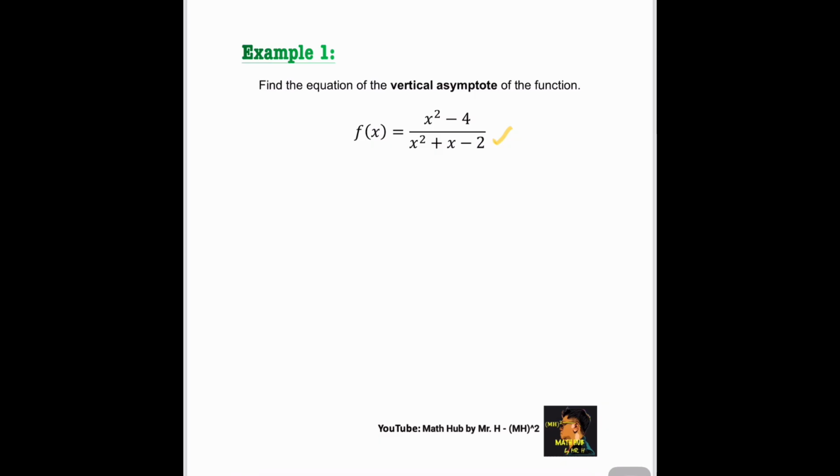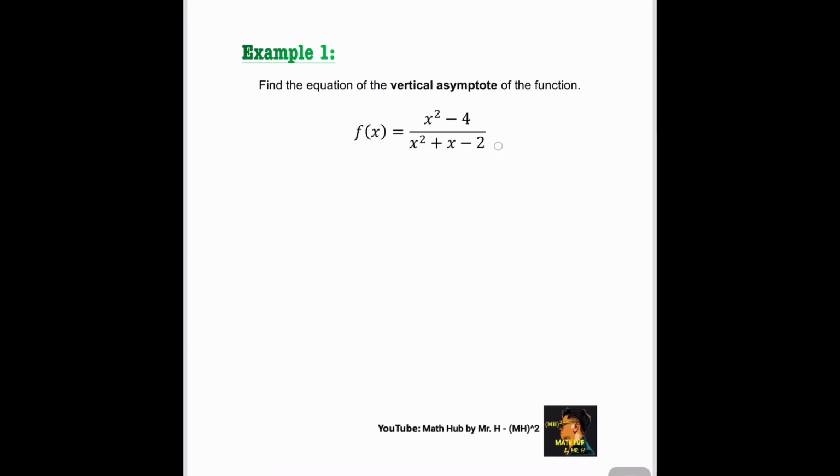So with that concept, in order for us to find the vertical asymptote of a rational function, we will be setting the denominator equal to 0. Usually we factor the numerator and the denominator first.